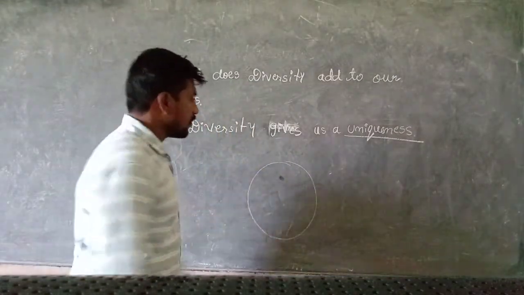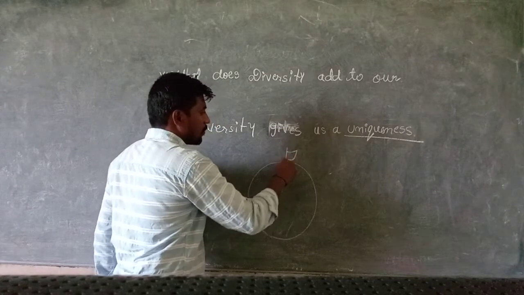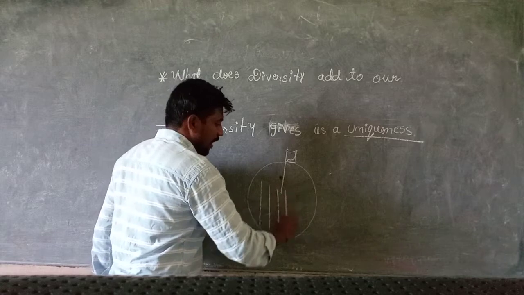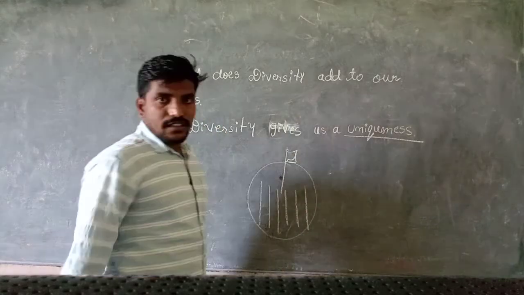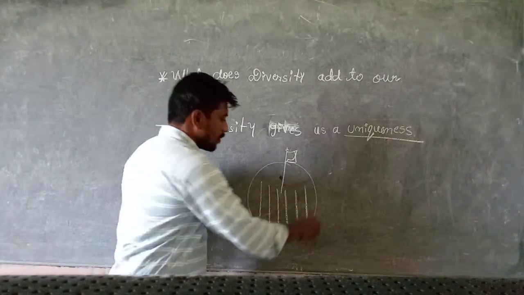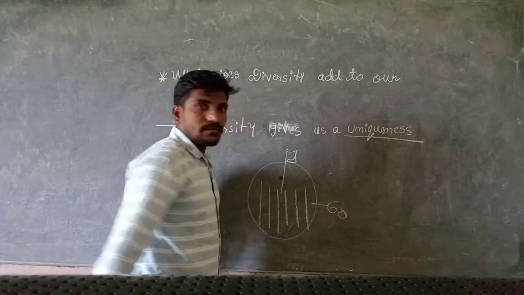This is the school premises, the flag hoisting and everything is going on. Here so many children are standing in the line, isn't it? Total 60 students are there.